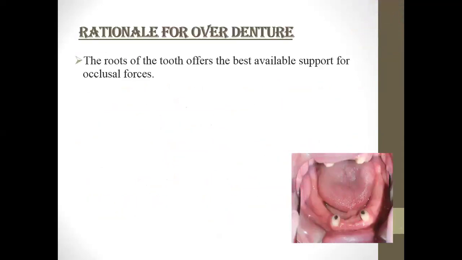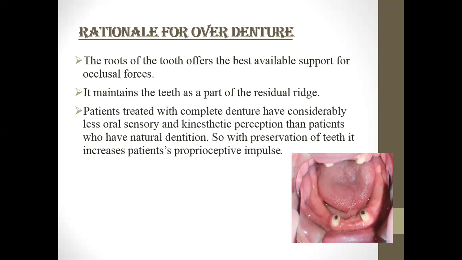So what do we use for this preventive prosthodontics? We use the roots of the tooth. And as you saw in the definition, we also use implants, right, to hold the bone together so that it doesn't get resorbed quickly. Another rationale is that by maintaining the teeth, we also maintain the integrity of the residual ridge, and it also maintains the sensory and kinesthetic perception, which is otherwise lost.